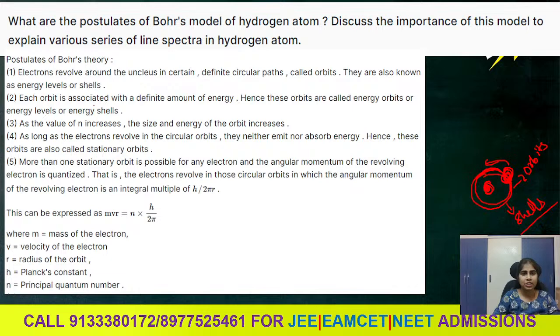Next, each orbit is associated with a definite amount of energy. The shells on which the electron revolves have a particular amount of energy.